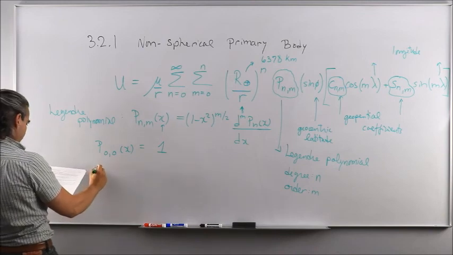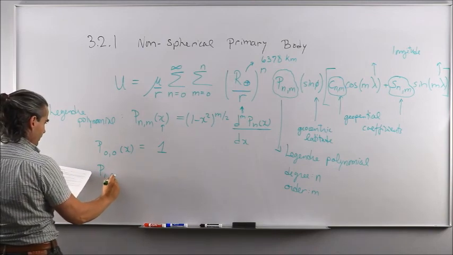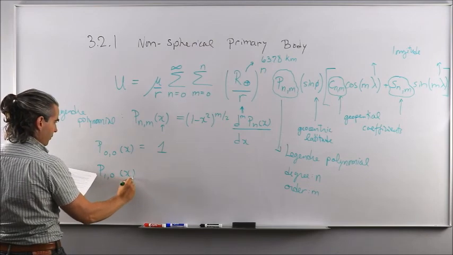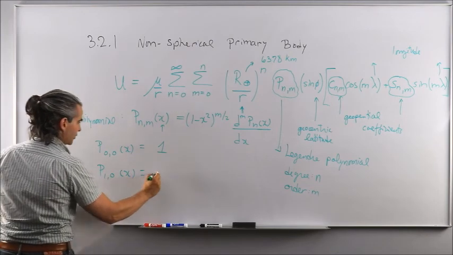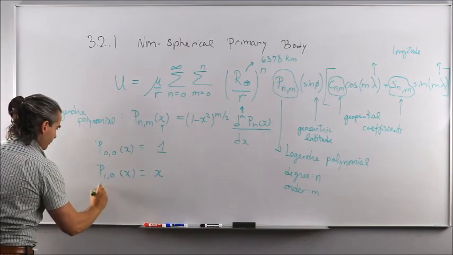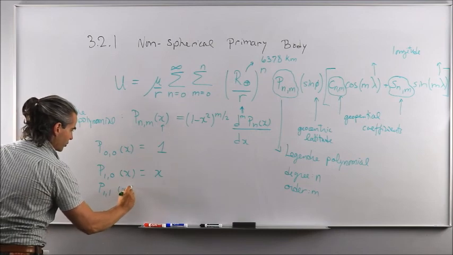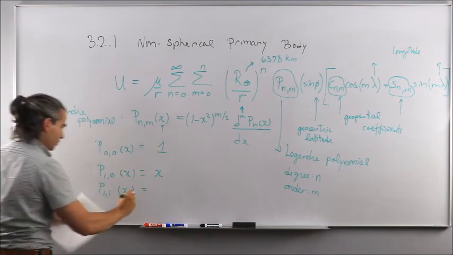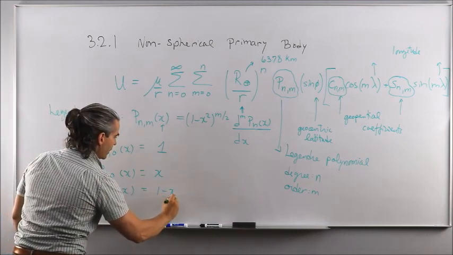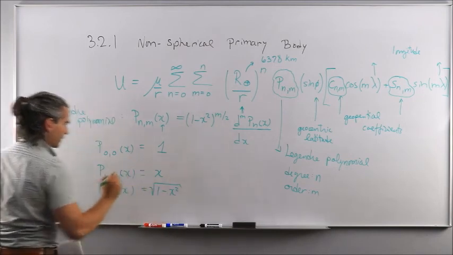Now, if you have Legendre polynomial of degree 1, order 0 of some random function x, this is just going to be the function x itself. If you have P degree 1, order 1 of function x, the answer is going to be 1 minus x squared, and you're going to take square root of that.